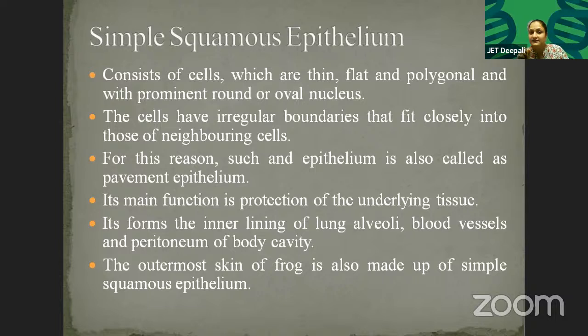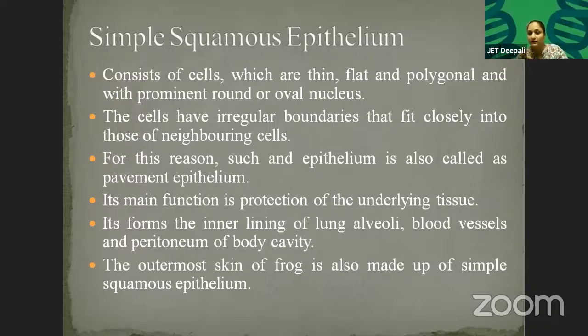For this reason, such an epithelium is called pavement epithelium. Its main function is protection of the underlying tissue, the tissues that are already inside. It forms the inner lining of lung alveoli, blood vessels, and peritoneum of body cavity. Also the outermost skin of frog. I have added this line because it is an important question.